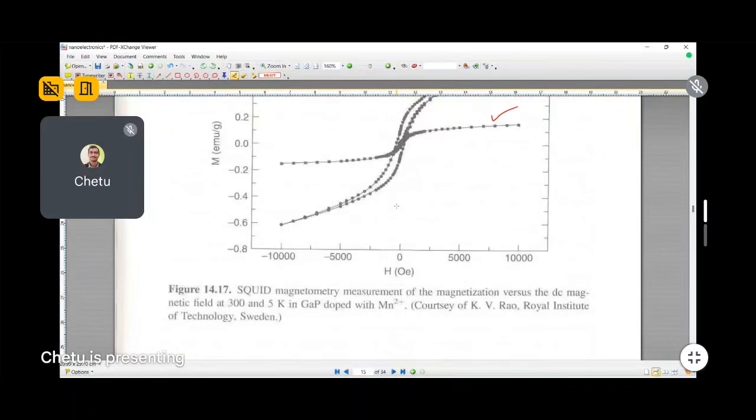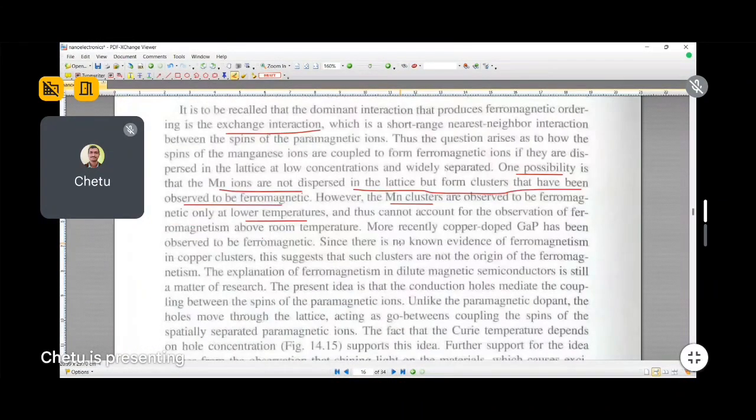But when they are doped in this semiconductor, at room temperature also they show ferromagnetic behavior. Some copper-doped GaP is also observed to be ferromagnetic, since there is no known evidence of ferromagnetism in copper clusters. This suggests that such clusters are not the origin of ferromagnetism.